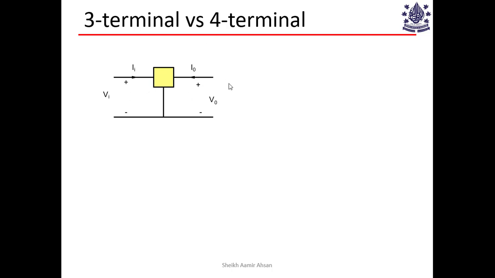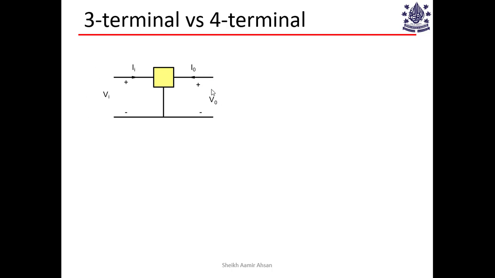Anyway, if this is a unilateral two-port network, by unilateral I mean that any voltage at the input port has an effect on determining I naught. But the input current doesn't change if V naught is changed.